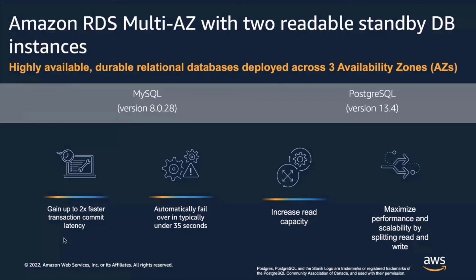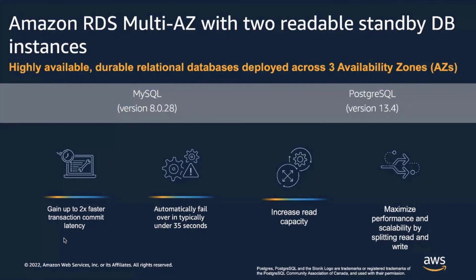Thanks, Vijay. So, in conclusion, Amazon RDS multi-AZ with two readable standby instances is available on MySQL 8.0.28 version and PostgreSQL 13.4 version. And it offers 4 distinct benefits.